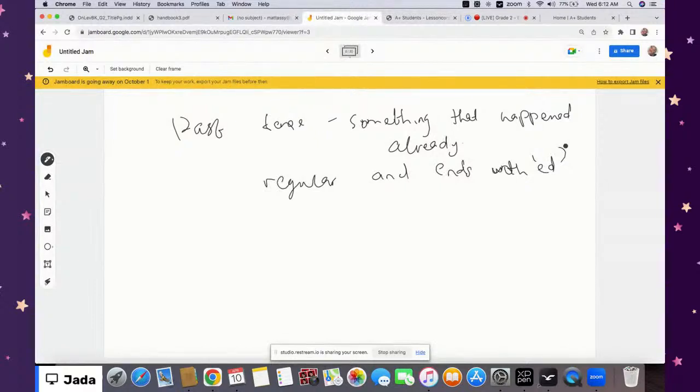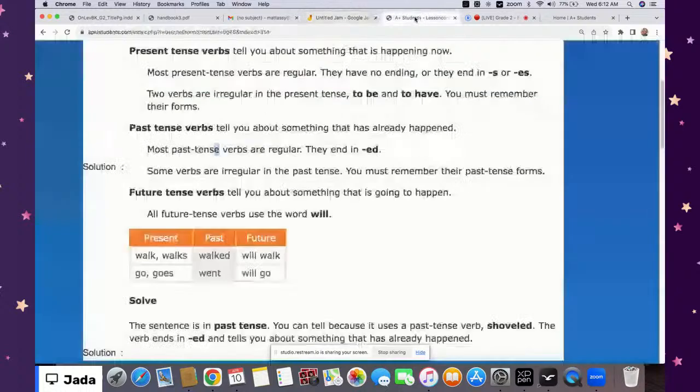So let's make some past tense sentences, okay? We also have some verbs that are irregular in the past. You must follow the past tense form. Okay? Let's go on there to the sentences.